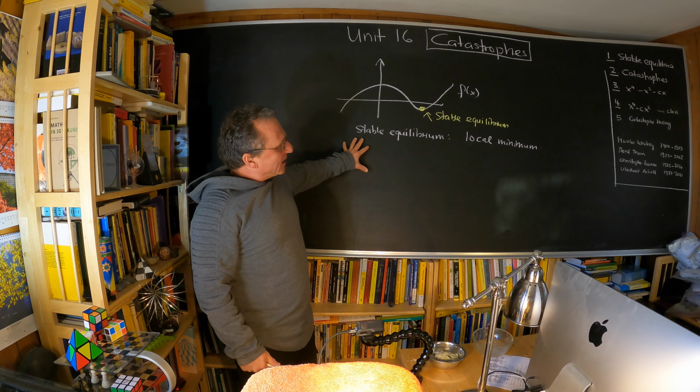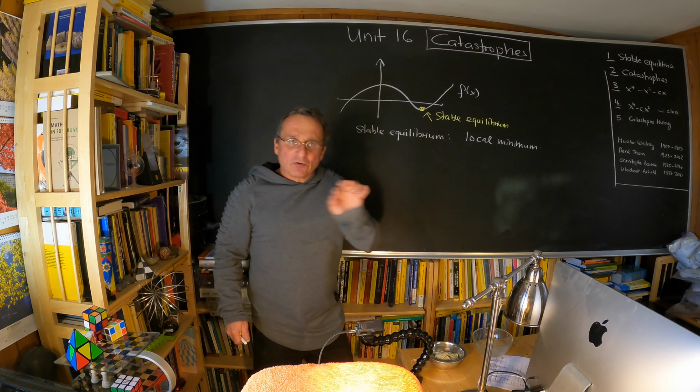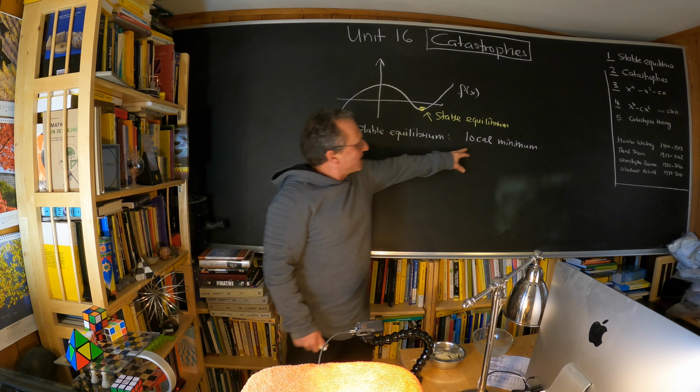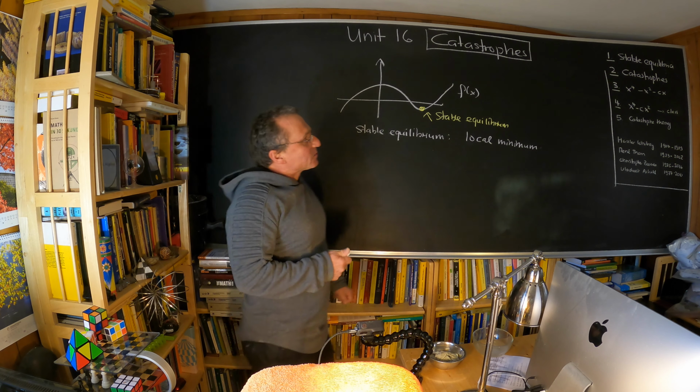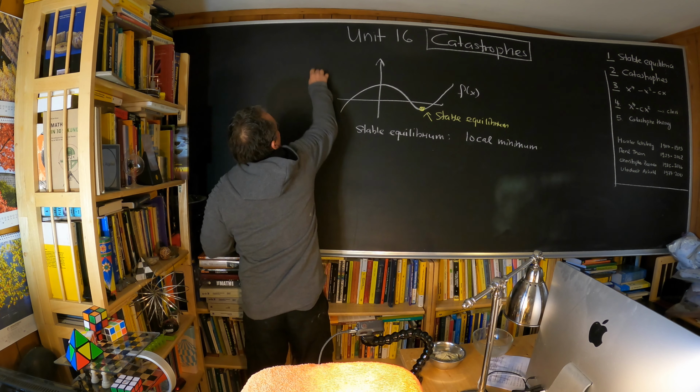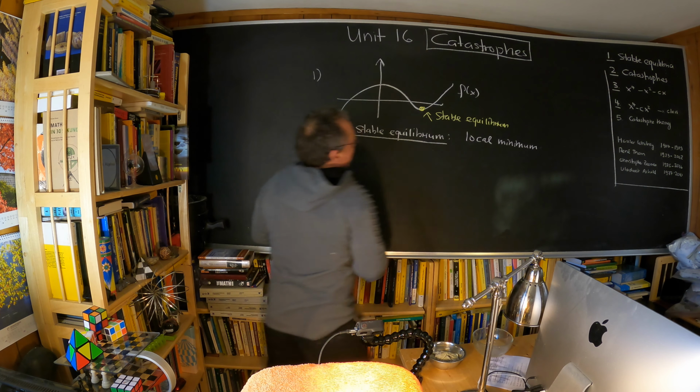But here we are looking now at the new story. We look at the case when the number of local minima change, and that's what we call a catastrophe. That was one, the notion of stable equilibrium.